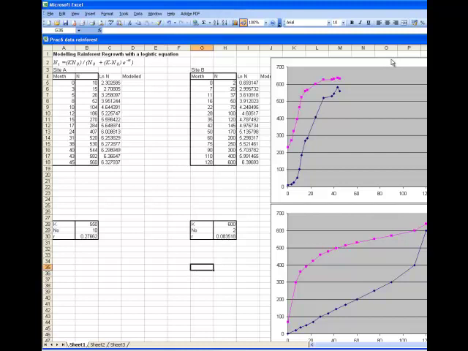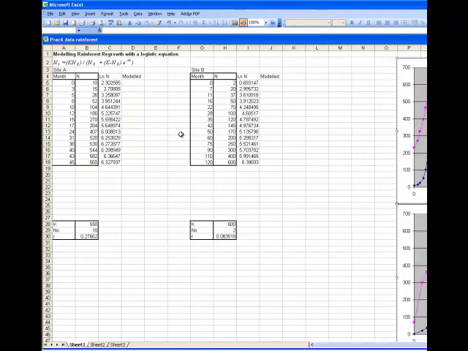So if we just move the graphs to one side, select both of them, we can move them together. Now we need to enter the equation. We know the parameters, we've got the parameters entered down here, so now we need to enter the equation.